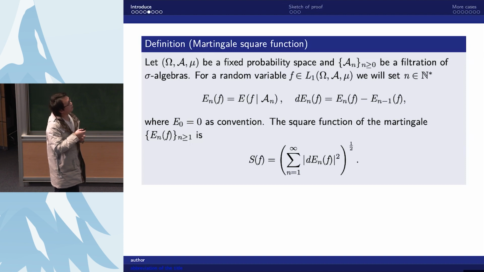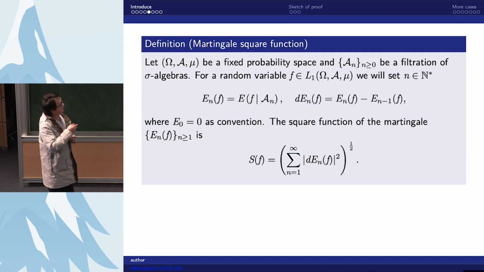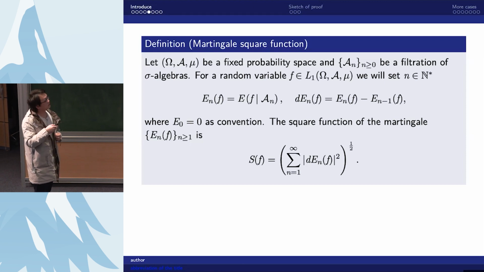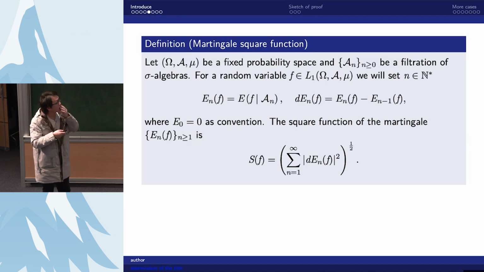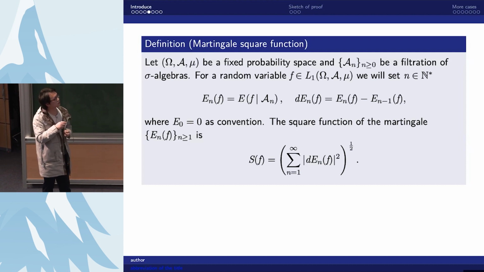For a random variable f in L1, we define the conditional expectation and the martingale difference, where we denote E_{-1} as 0 by convention. The square function of the martingale E_n f is defined as Sf. It's the square root of the square sum of the martingale differences d_n f.